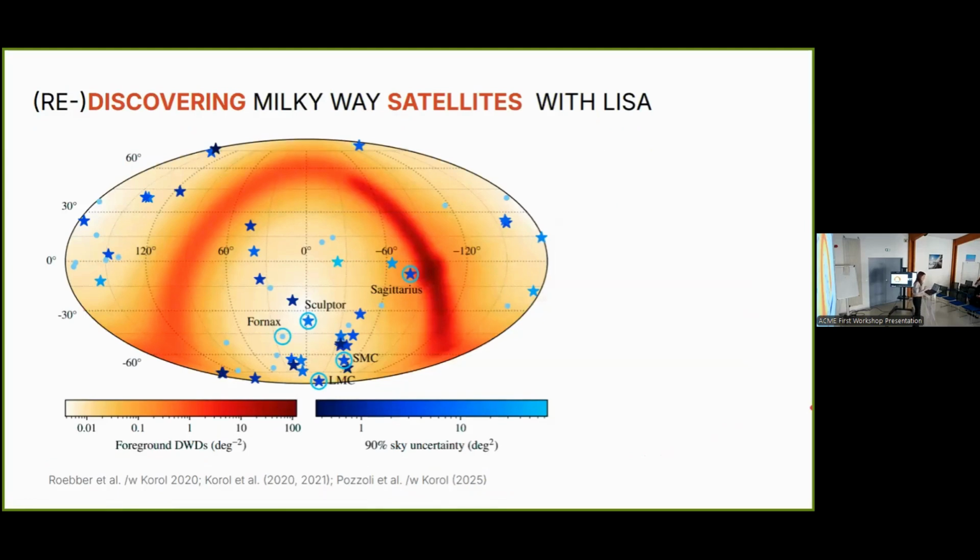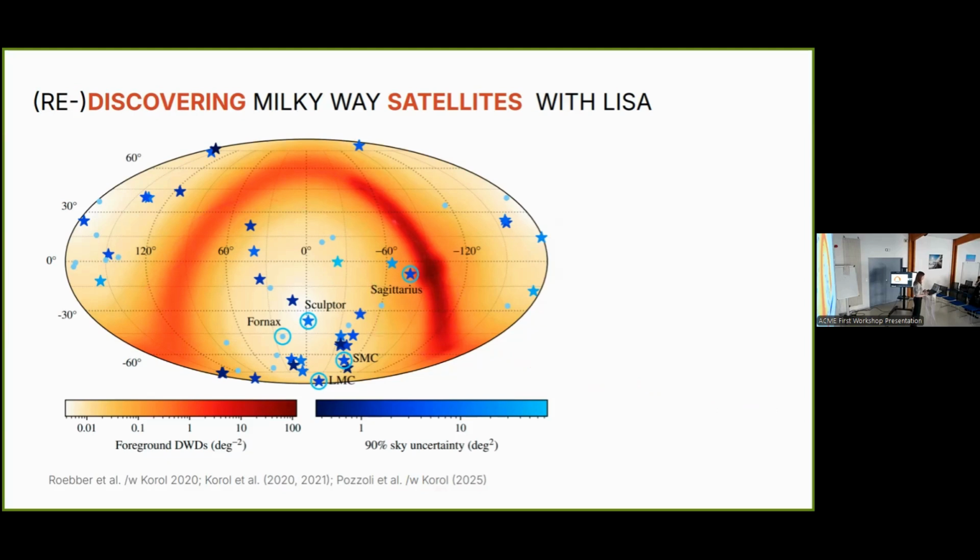So just to start wrapping this up, I showed you that we can see these binaries everywhere in the galaxy, but actually we can go a little bit further out into the satellite galaxies. So what you see here is our Milky Way now in a different coordinate system.